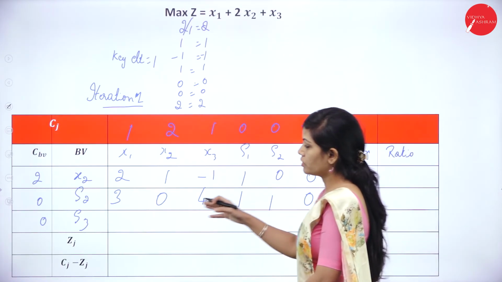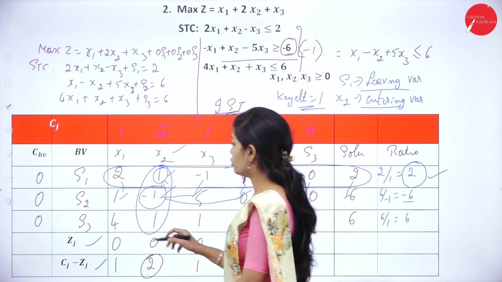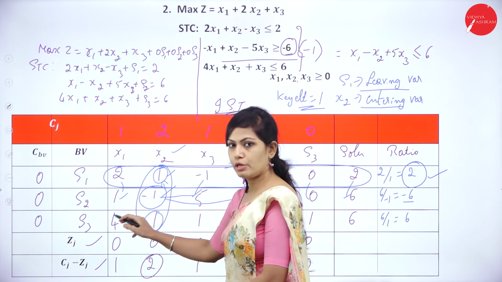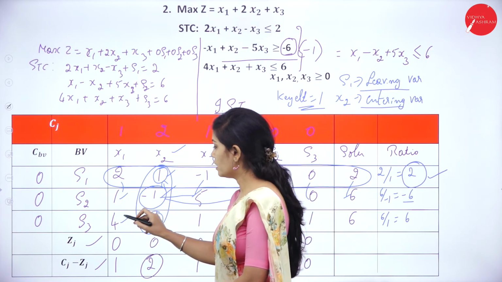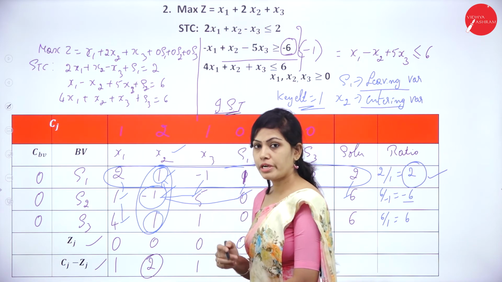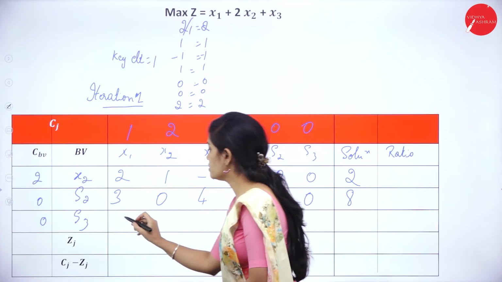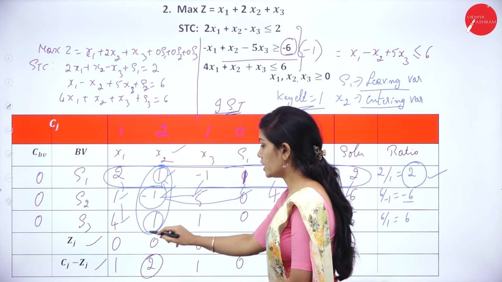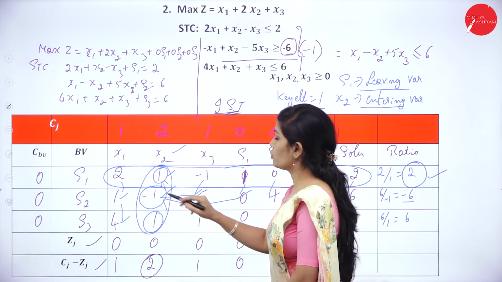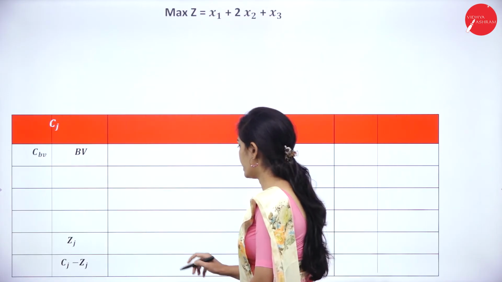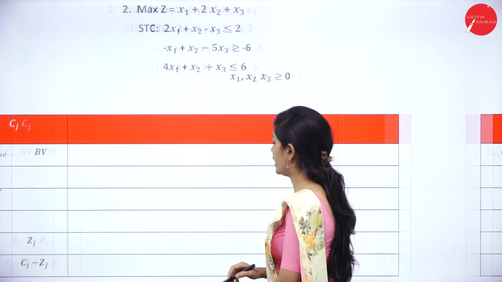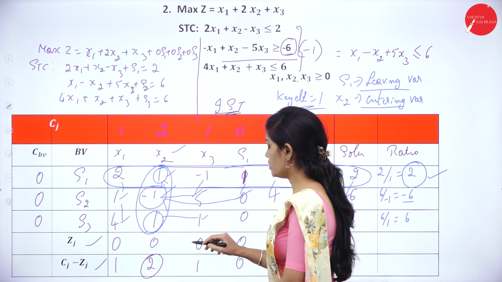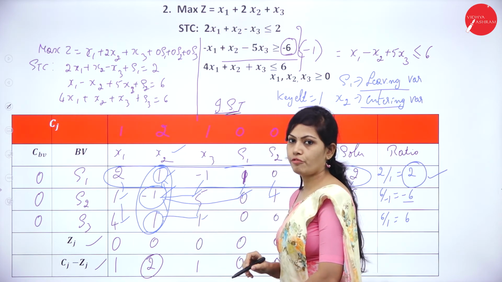So now find out the S3 column. Old value is 4, corresponding key column 1 and key row is 1 divided by key element. You will get 2. And old value is 1, corresponding key column also 1 and key row is minus 1. You will get 0. And old value is 1, corresponding key column is 1 and key row is 5.